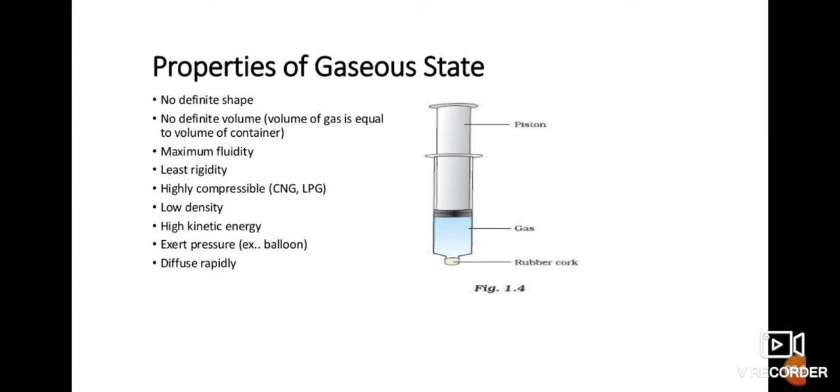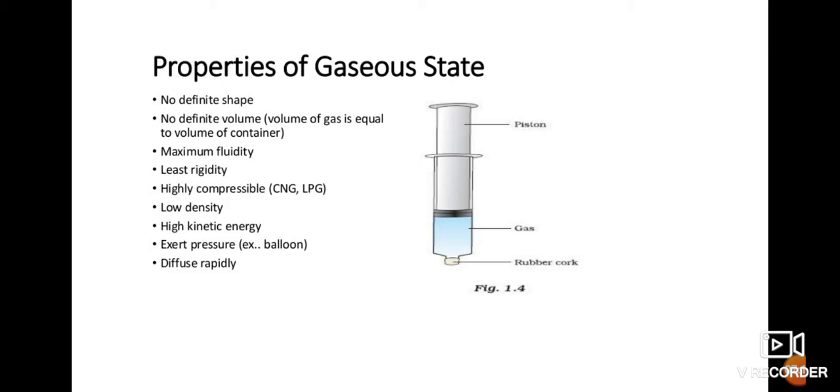Now, any type of gas is highly compressible. That means when you apply pressure on them, they can be easily liquefied. Common examples are CNG and LPG, which all show the property of compressibility.